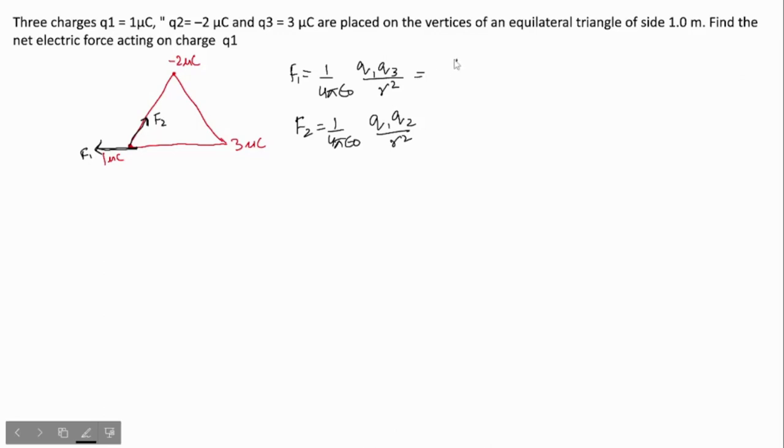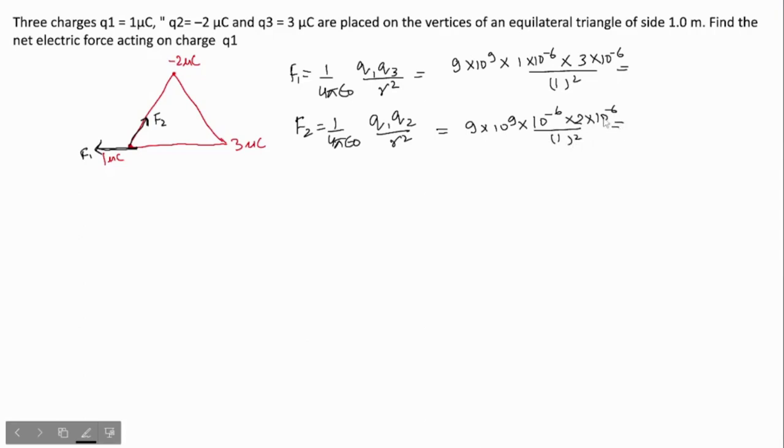If we put the values here, F1 will be 9 × 10^9 × 1 × 10^-6 × 3 × 10^-6 over 1². Similarly we can find F2: 9 × 10^9 × 1 × 10^-6 × 2 × 10^-6 over 1².